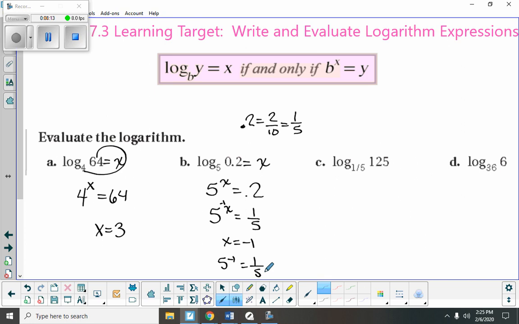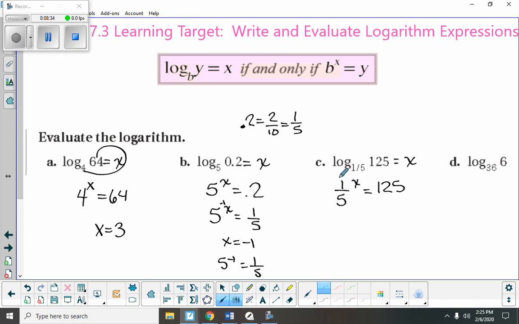Okay, let's do another one. So we're going to set this equal to x. 1/5 to the x power equals 125. Think about what exponent would give us 125. Now the 5 is in the denominator, so we are going to want a negative exponent, because then that would give us the reciprocal.